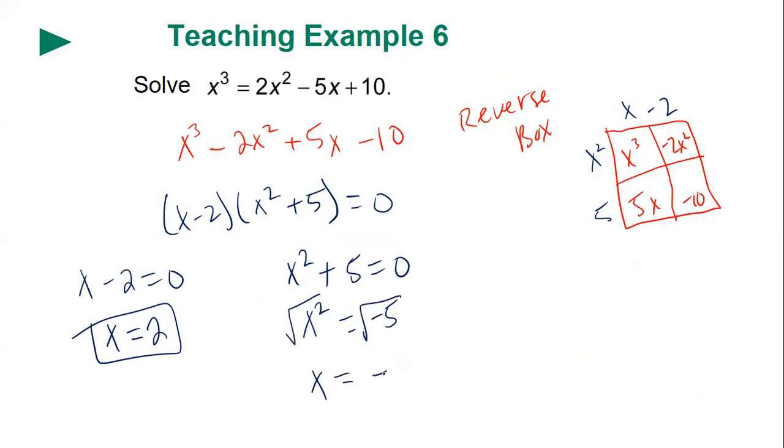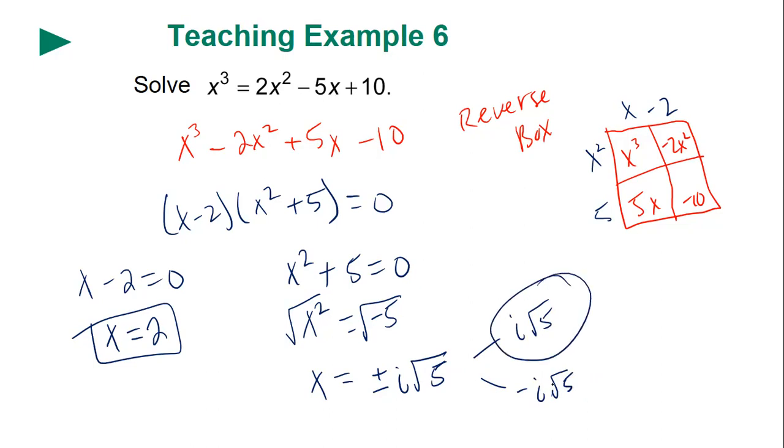So x equals plus or minus i square root of 5. Which means that there's two solutions, right? A positive i square root of 5 and a negative i square root of 5. Remember, the plus or minus is just a condensed way of writing it. But these are your actual zeros. So I have one real and two complex.